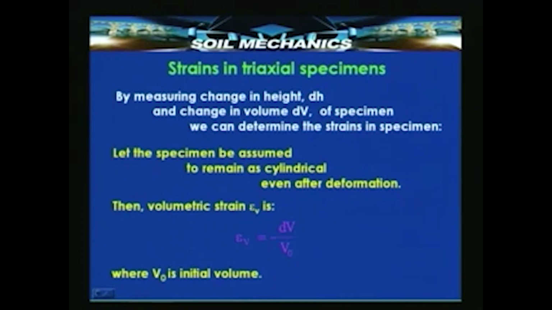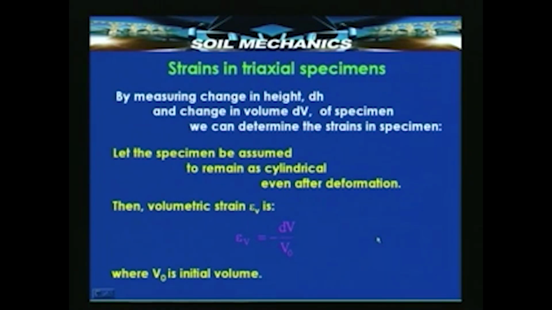It is obvious that the volumetric strain will be epsilon V equal to minus dV by V0, where dV is the change in volume. The change in volume can be easily measured by attaching the pore pressure unit, and the original volume V0 is known for the specimen, and therefore epsilon V, the volumetric strain, can be easily computed.